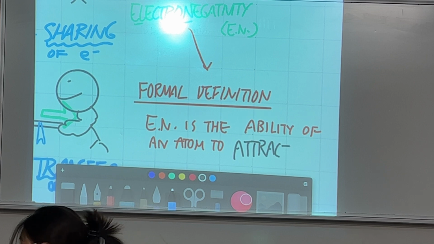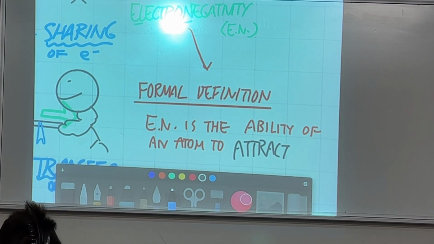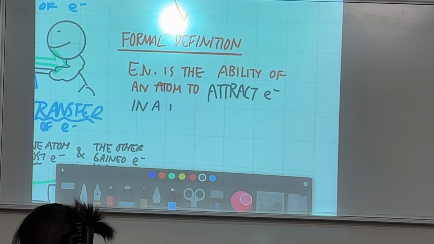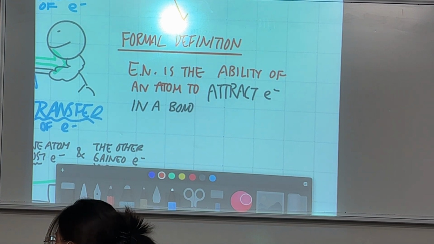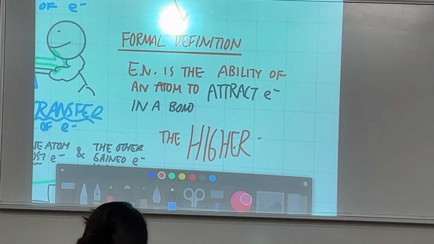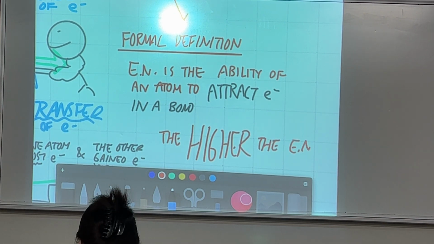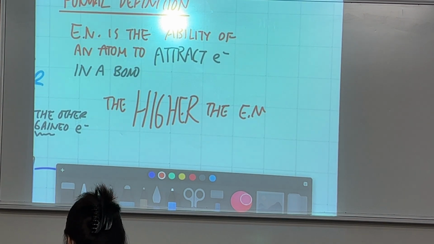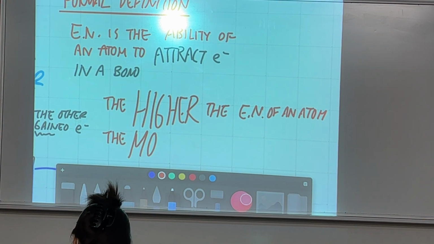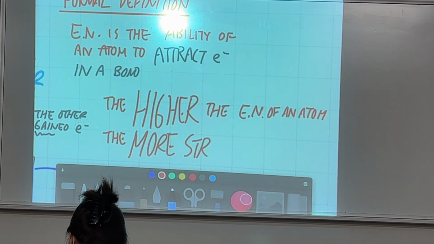In other words, the higher the electronegativity, the stronger the attraction for electron. To attract electron in a bond, and write down this relationship: the higher the En of an atom, the more strongly it attracts electron.